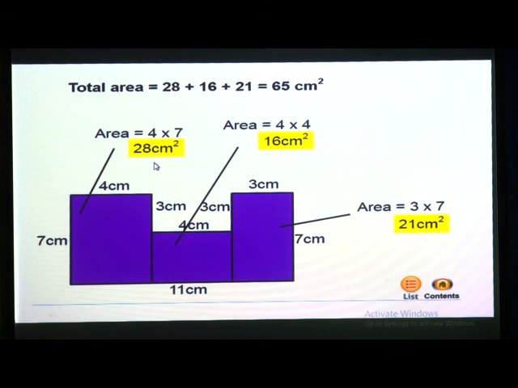Now second, for this we have 4 centimeters here, 4 centimeters here, but for this do we have any centimeter given? No, we don't have.